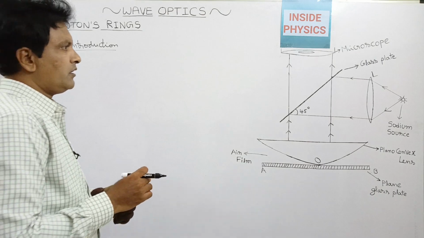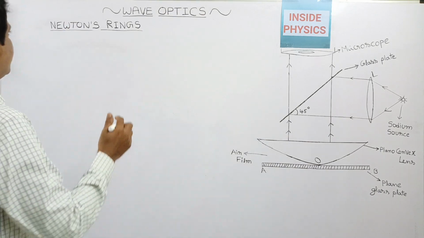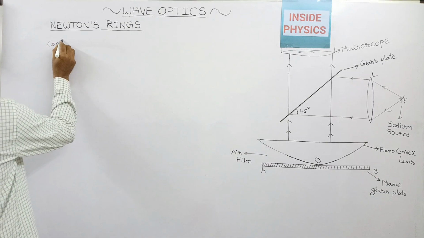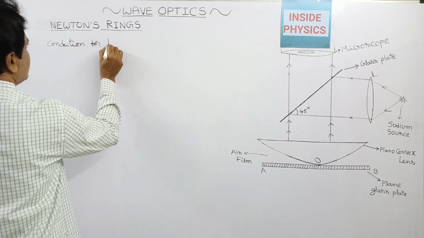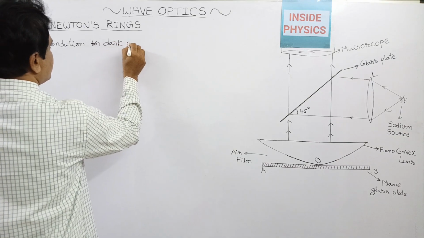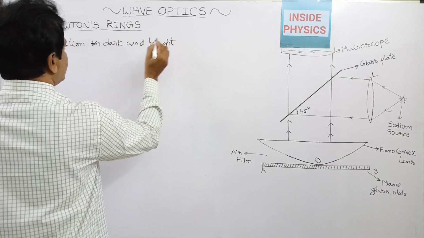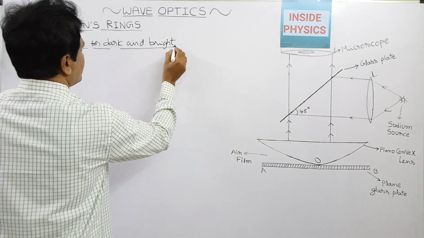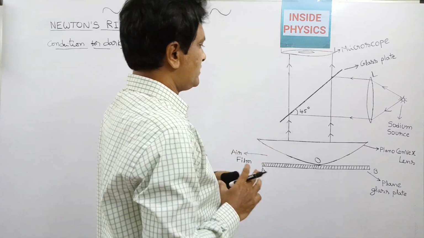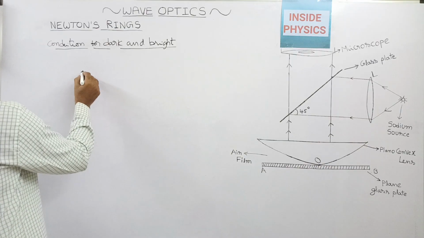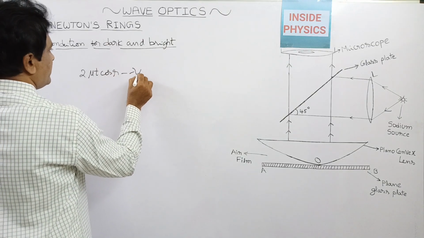Okay. Now we will see the condition for the bright and dark fringes. What is the condition for dark and bright fringes? From our previous class, we know the optical path difference when the light is passing through the thin film, we have calculated as 2 mu t cos r minus lambda by 2.